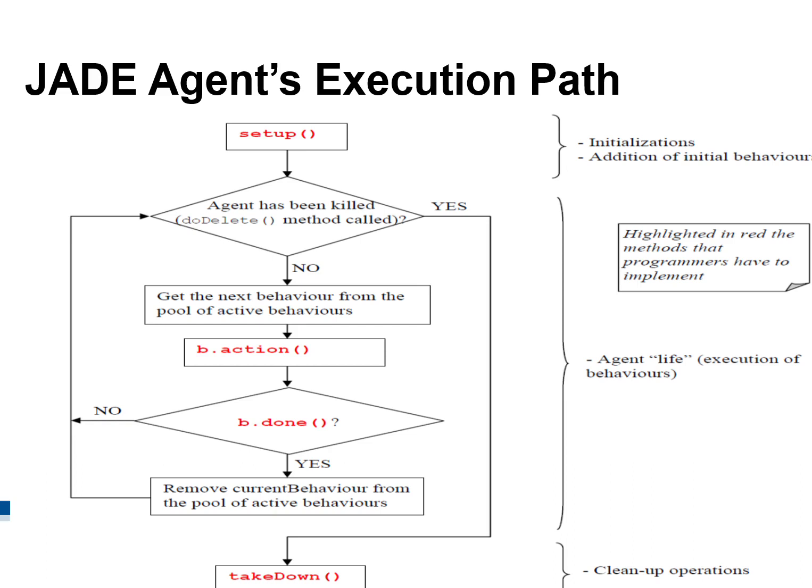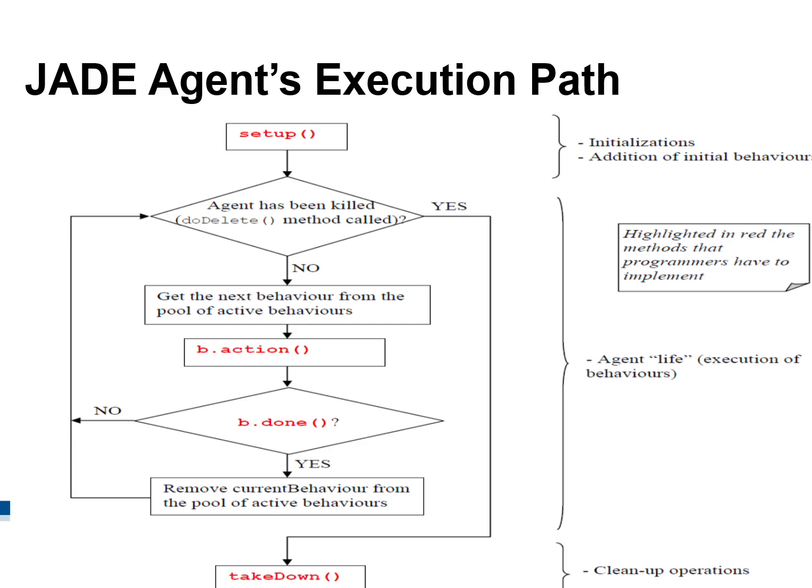For starters, you get into a behavior using setup, which is used for initializations in addition to the initial behavior. You then have to check if an agent has been killed or if the doDelete method has been called. If it has been called, then it will invoke the takedown method, just to ensure garbage collection and proper termination of agents.